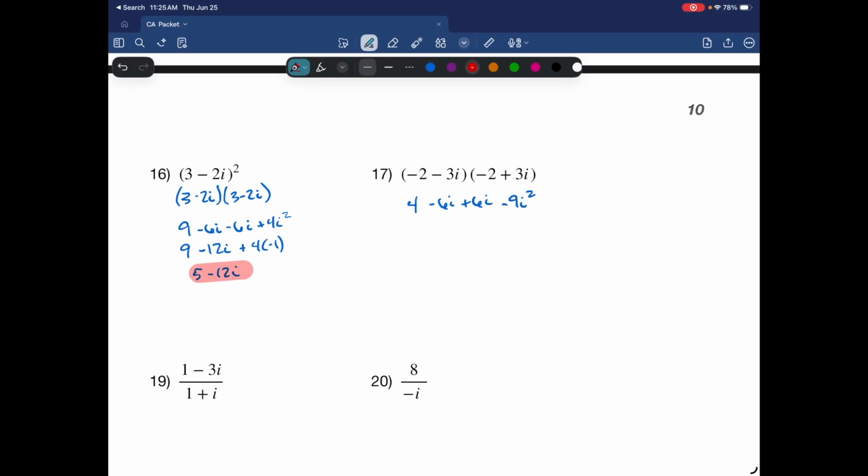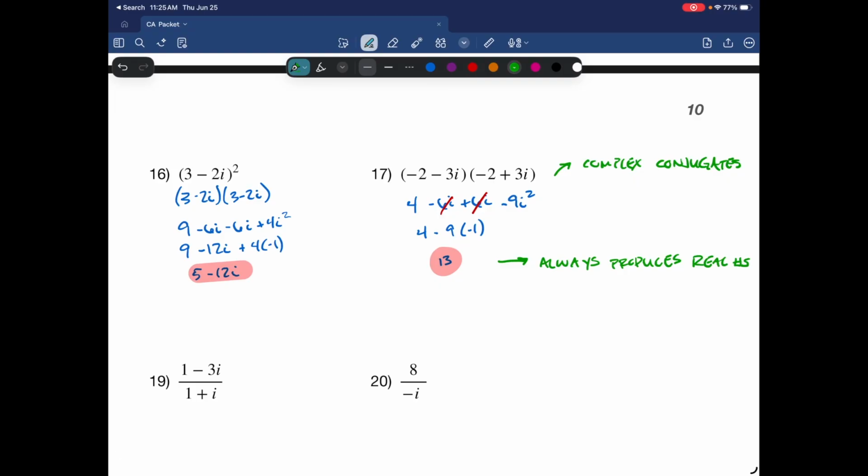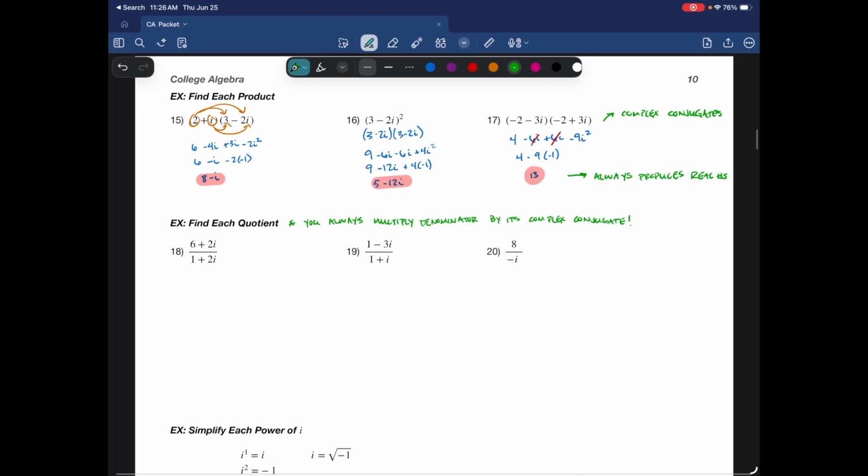Well, because the signs were different, that middle term falls out. And so you got 4 minus 9 times negative 1. So that's 4 plus 9, which is 13. So these are a special relationship. They're called complex conjugates, and they always produce a real number. So now that you know that the middle term is going to fall out, what you could do is square the first term, square the last term, and then add them up.